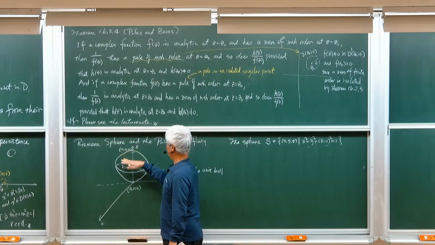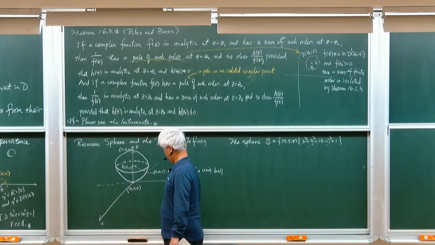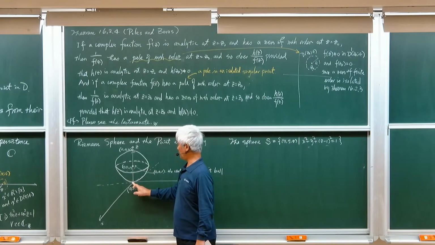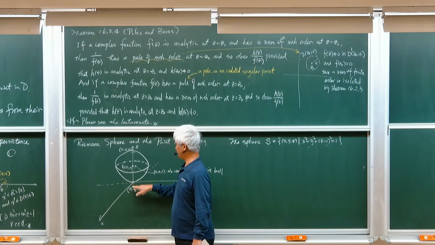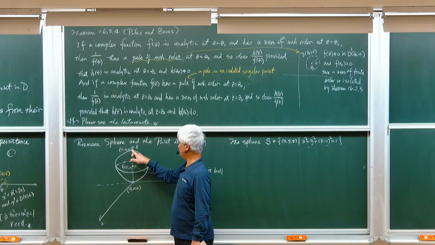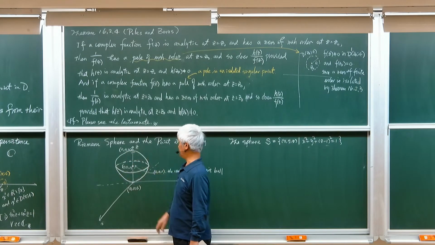And so you can think that the south pole just touches the origin, and the north pole is the point 0, 0, 2.